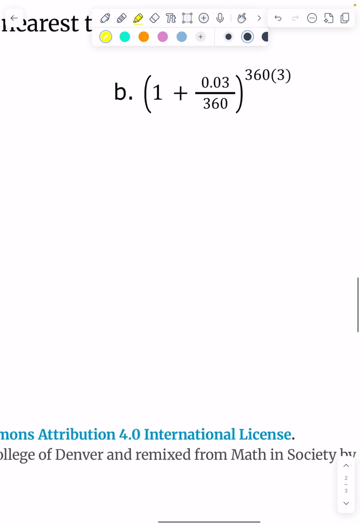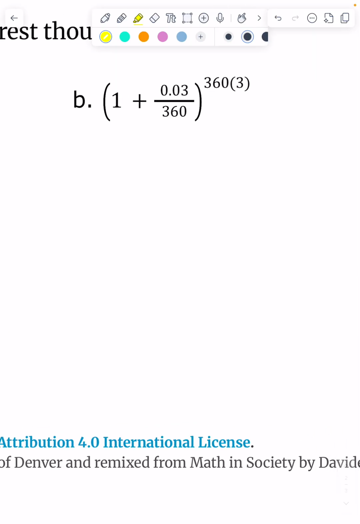Now let's do another one. All right, it's kind of the same setup, so we need to start with that division. So I'm going to go to Desmos, 0.03 divided by 360. And, oh, okay, good. So when I did 0.03 divided by 360, I got this answer.